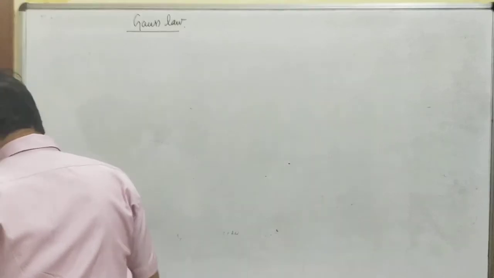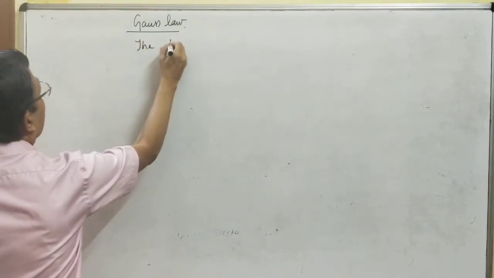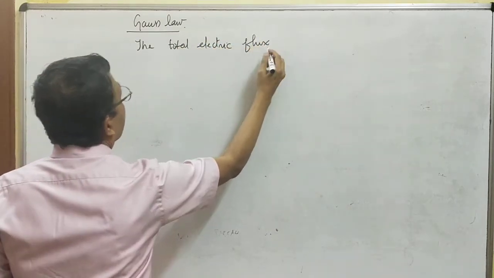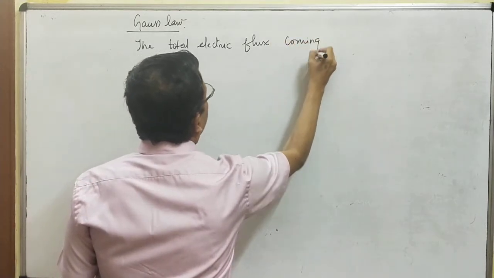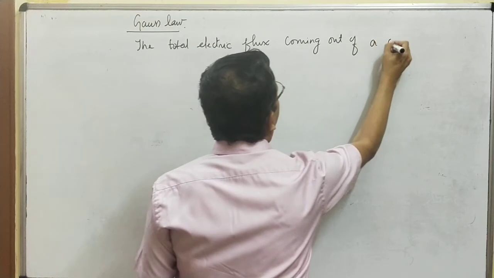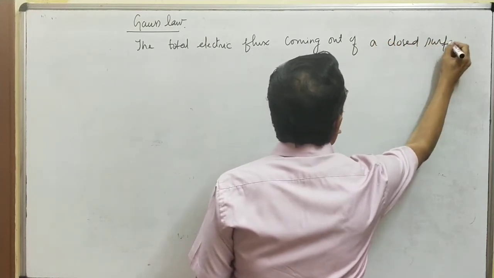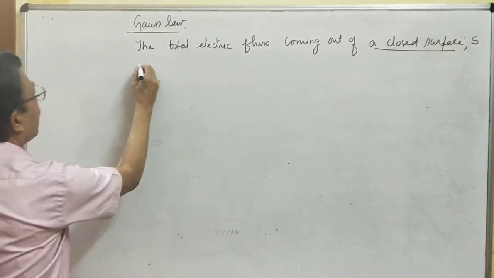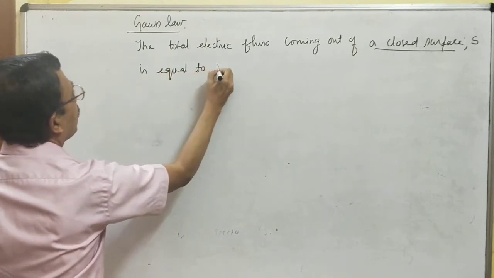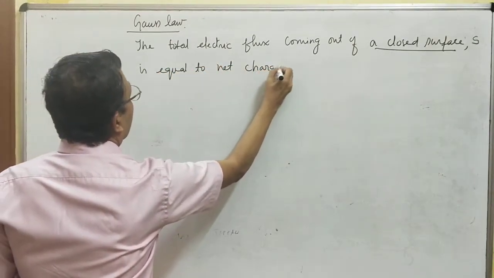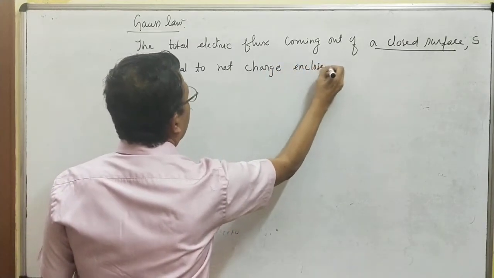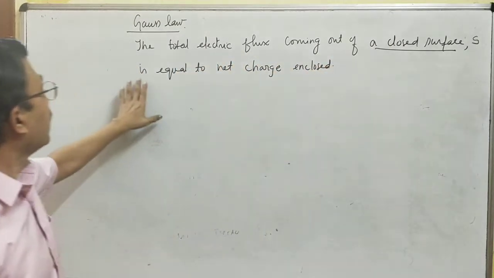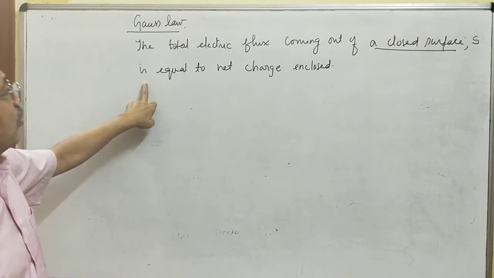The statement of Gauss law is: the total electric flux coming out of a closed surface, and a closed surface is very important, coming out of a closed surface S is equal to the net charge enclosed. This is the statement of Gauss law.